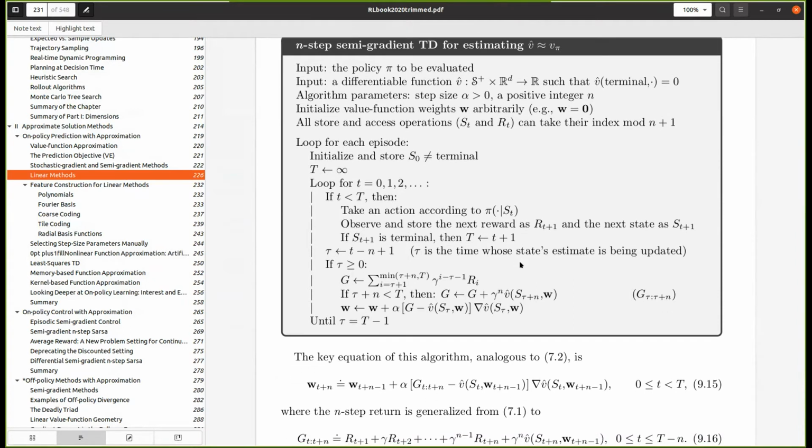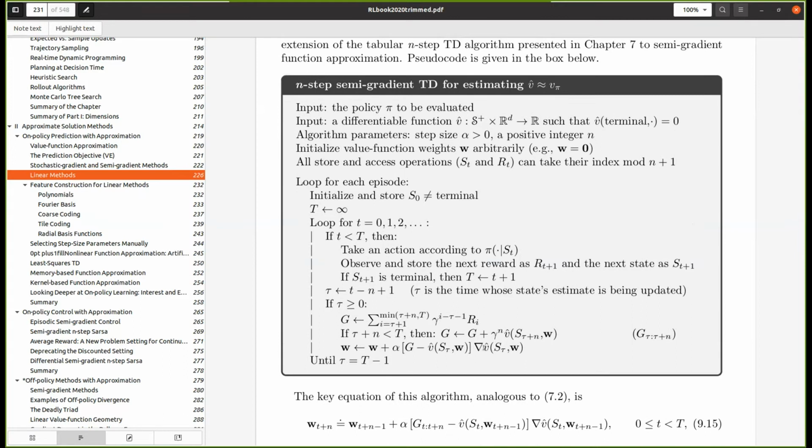Again, that's similar to the TD(0), but it's a bit more complicated because we need to do this n-step bootstrapping, but the idea is the same, right? One question on this. I noticed in all of the algorithms, it starts, in the second line there, with the input differentiable function v hat. Where does v hat come from, do you know?